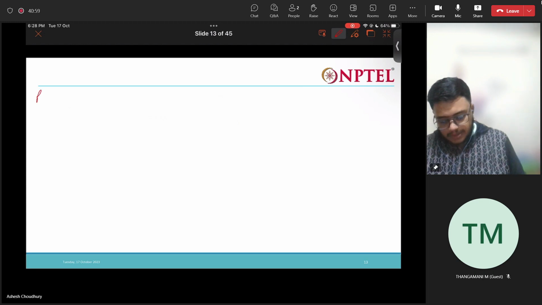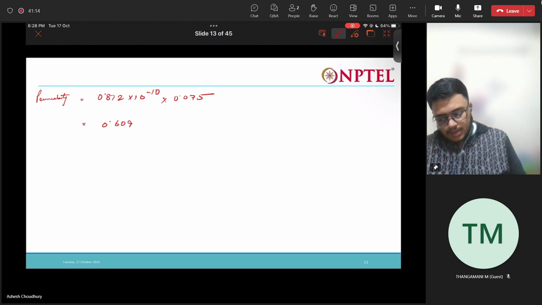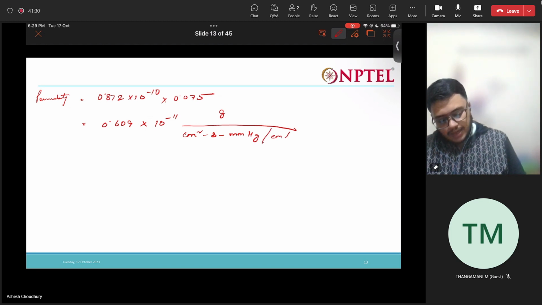Now what is permeability? Permeance into thickness, so 0.812 into 10 to the power minus 10 into 0.075. So this will be 0.609 into 10 to the power minus 11 gram per centimeter square second mmHg per cm of liner.